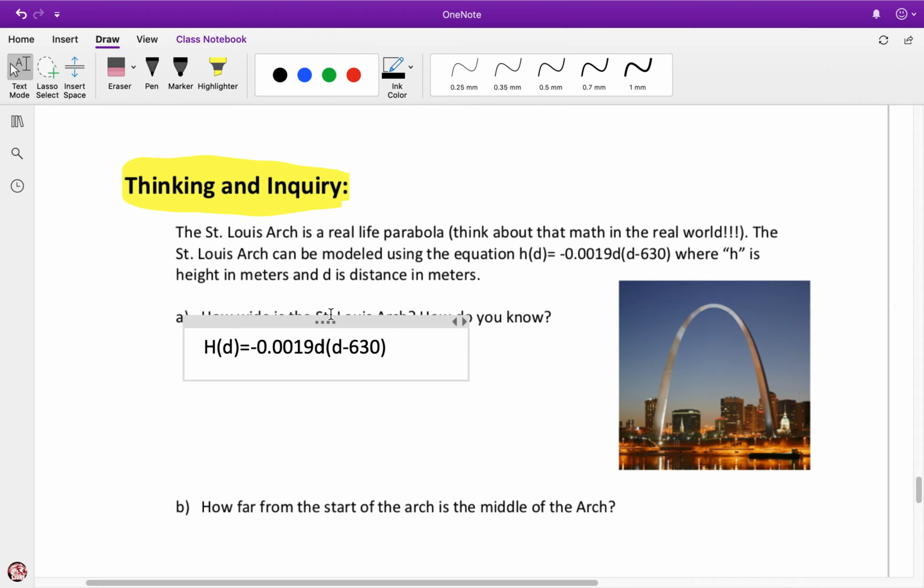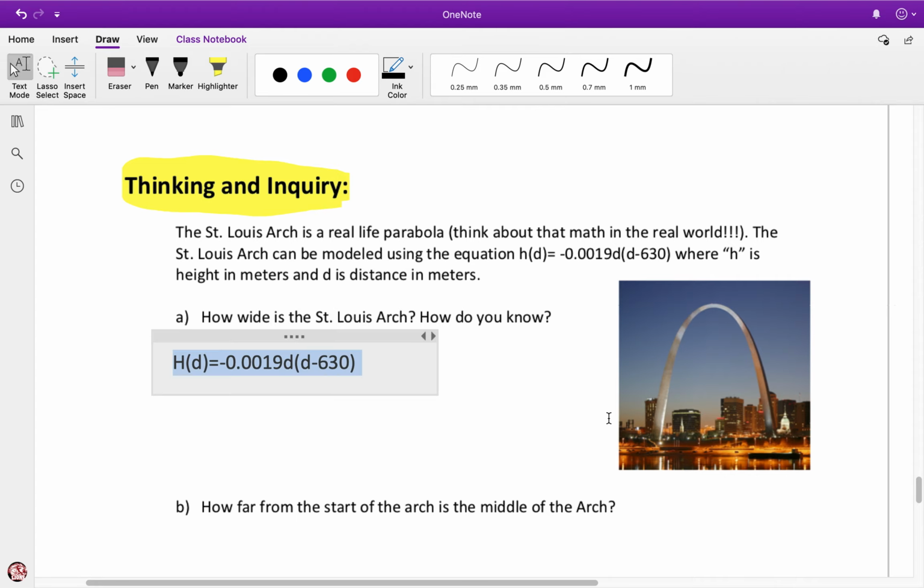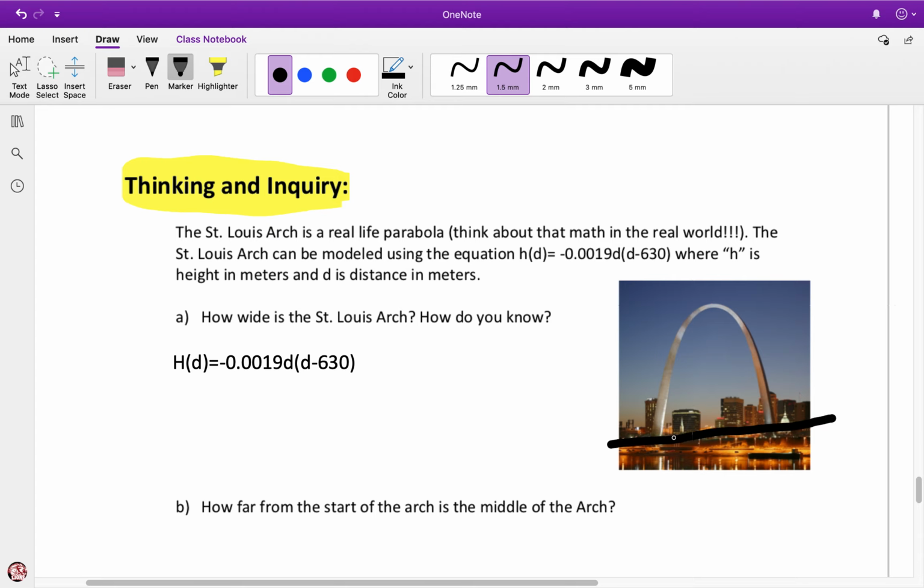I ask you how wide it is, though I don't ask you explicitly for the zeros. If you think about it, how wide it would be is where it touches, so that would be considered the zeros. So we're kind of setting up a chart like this, where it touches. So I'm asking for the zeros.